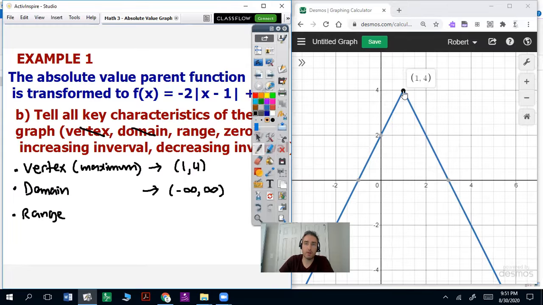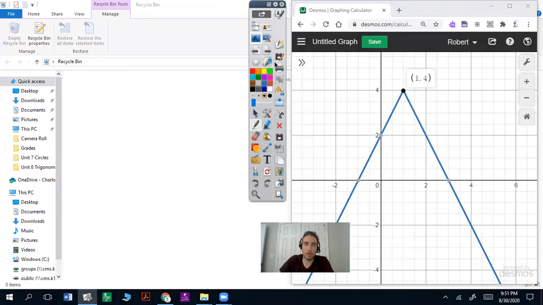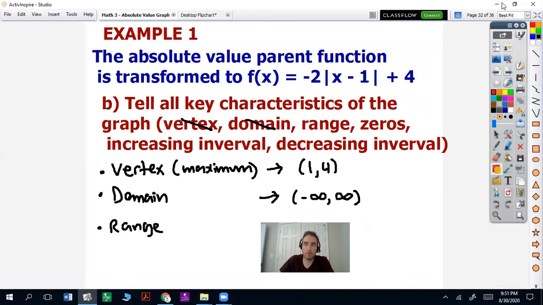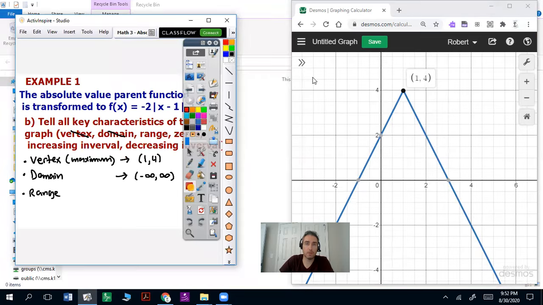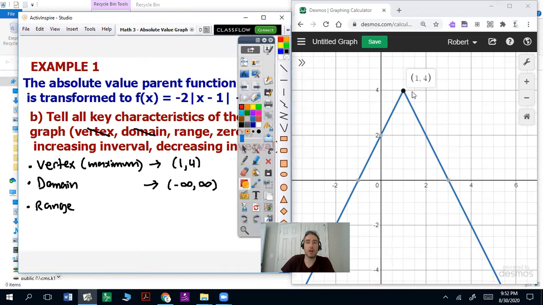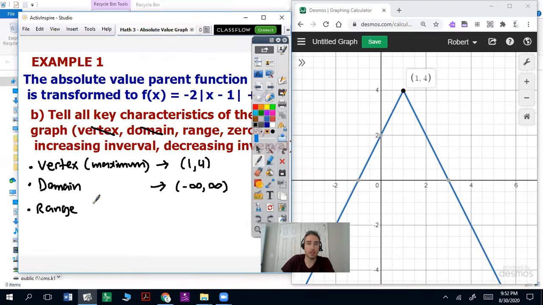Now, in this graph here, notice that it goes down, okay? So if it's going down, then the range is going to be y is less than or equal to whatever that highest y value is. So the highest y value is 4. So the range is going to be y is less than or equal to 4.